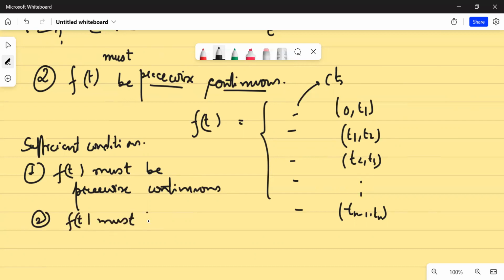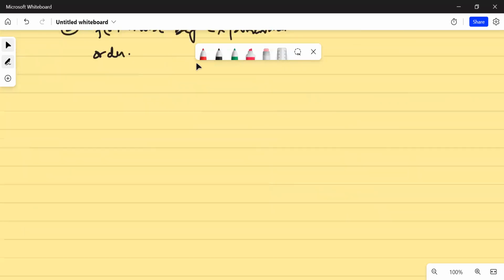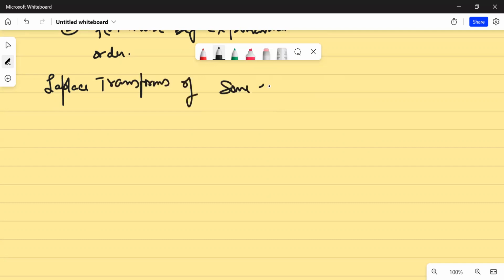If these two conditions are met, then I can define the Laplace transform. Let us start with the Laplace transforms of some elementary functions.